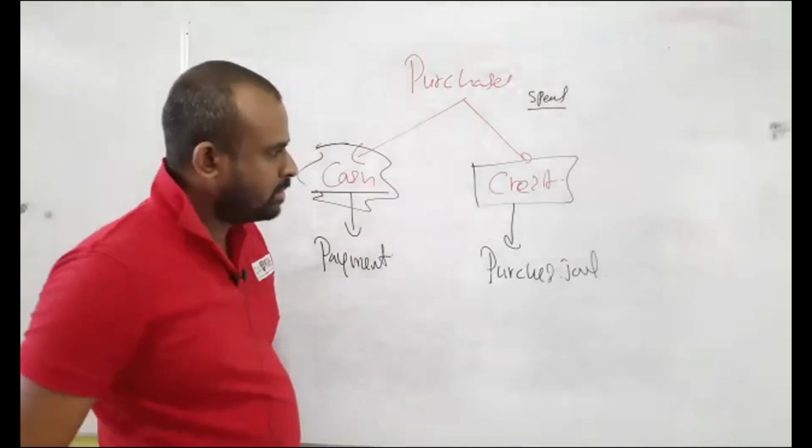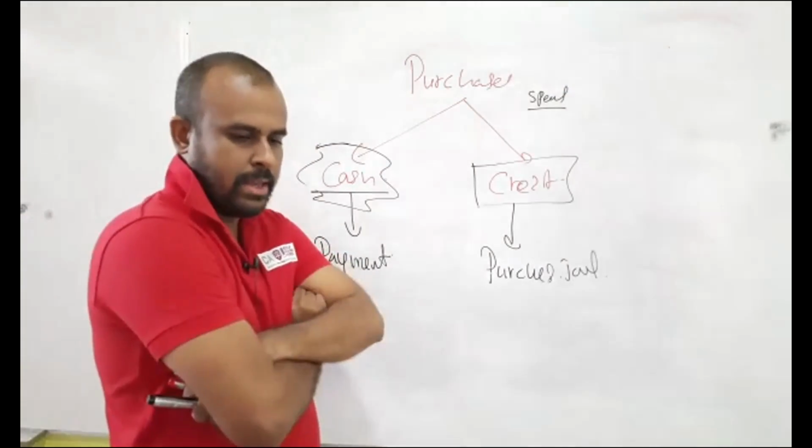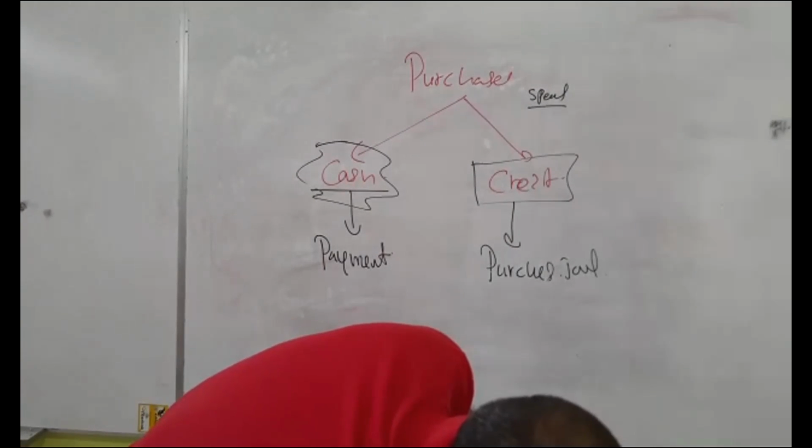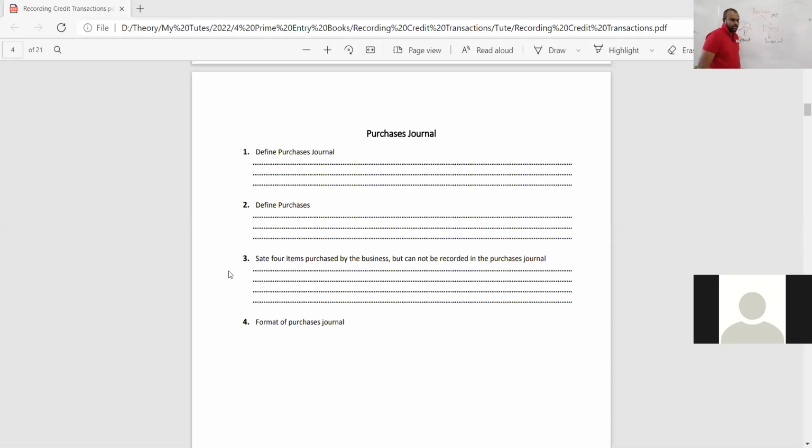Could you write this down? Define the purchases journal. There you can say: purchases journal is a special journal in which all the credit purchases are recorded.